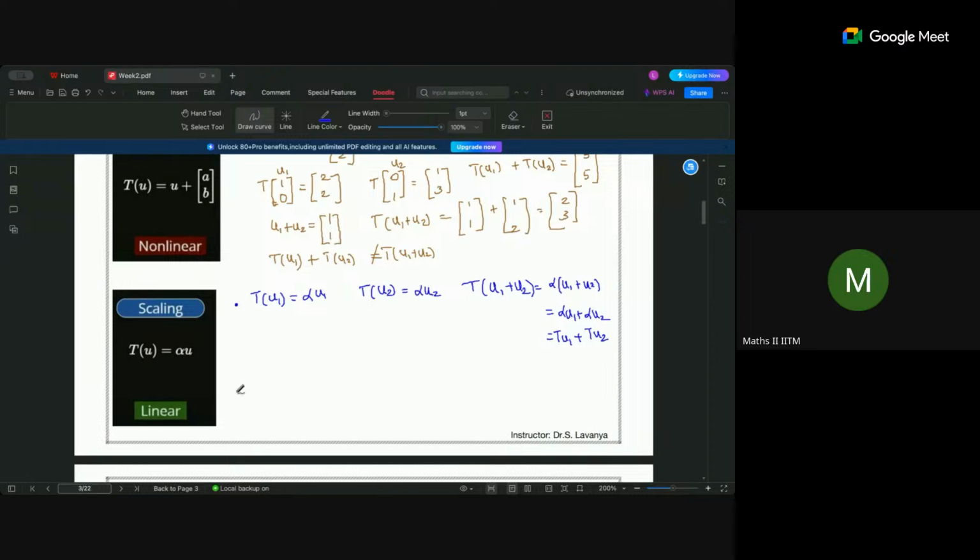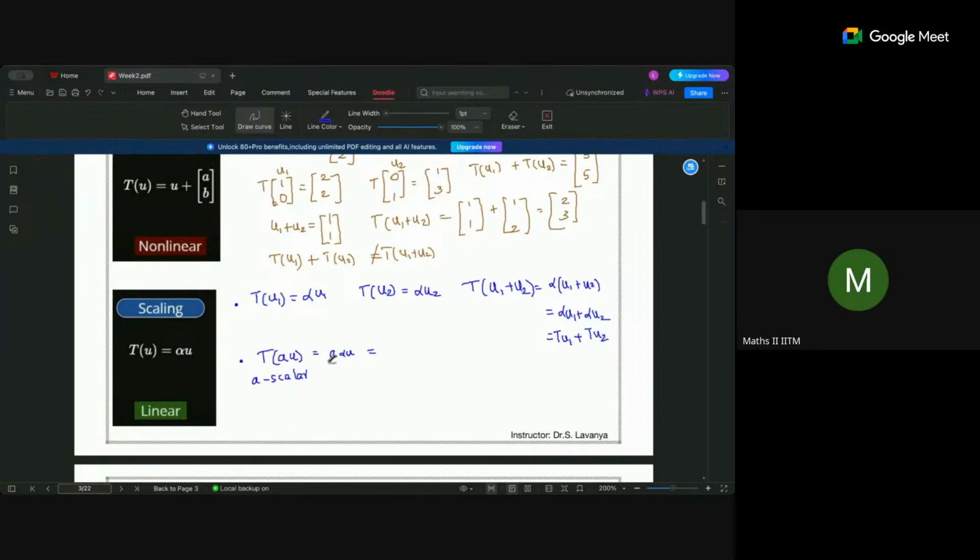And what is the second property we need to check? The scalar multiplication property. Let's multiply this with some scalar a. Now this is a times alpha u, right? These two are just scalars, so they can shift positions.